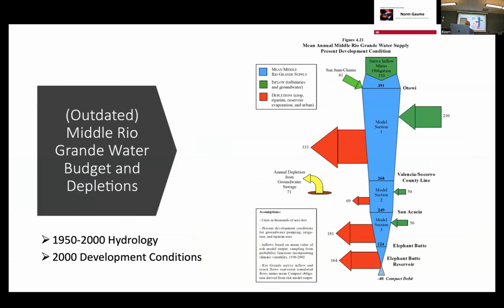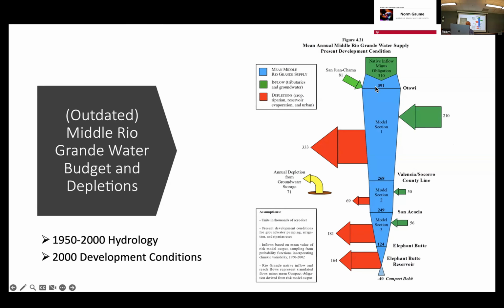And to put this all together schematically, let me just explain. This graphic, and the numbers don't matter, but the arrows do. The graphic starts with the portion of Otowi gauge inflows that belong to the Middle Valley. The San Juan Chama project water, the water from Heron Reservoir, comes in.